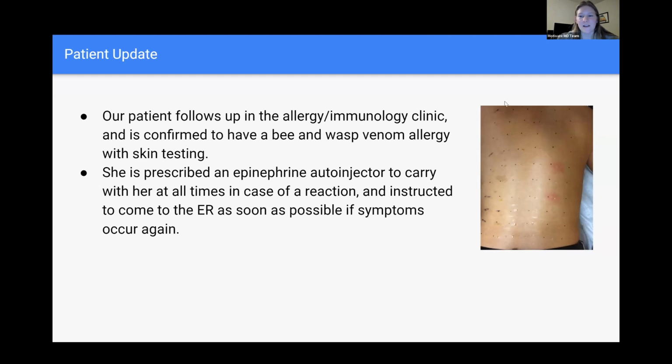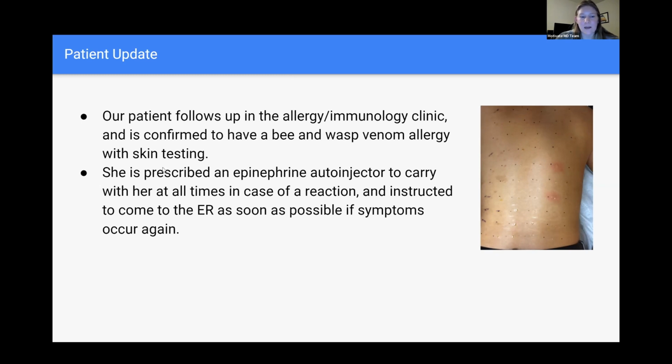They assign each dot on the back a specific thing, so you can go back to your chart and see, okay, what swelled up here? Presumably these two in this patient, though this obviously isn't real, would correlate with a bee and a wasp venom, and the other things they looked for, this patient didn't react to.